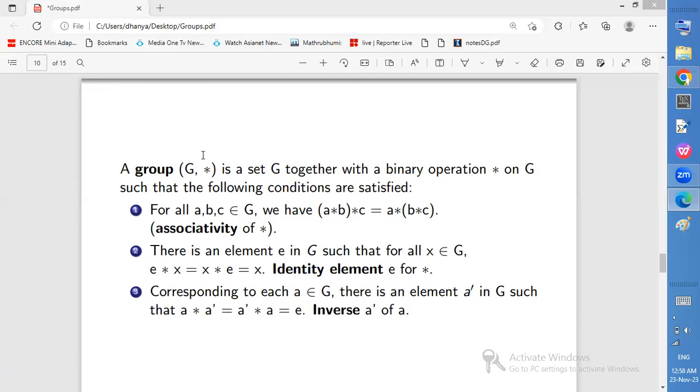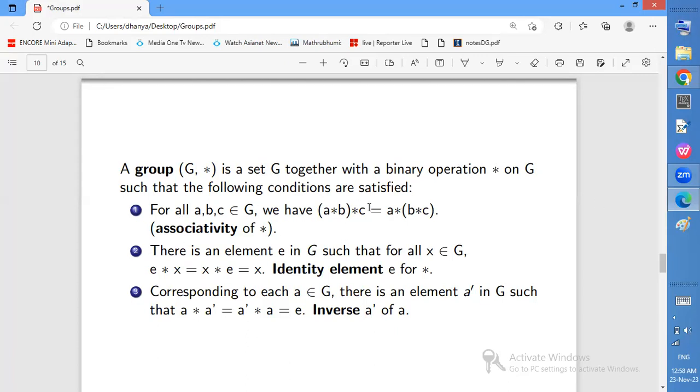A group (G, star) is a set G together with a binary operation star on G such that the following conditions are satisfied. The first property: for all A, B, C belongs to G, we have (A star B) star C is equal to A star (B star C).